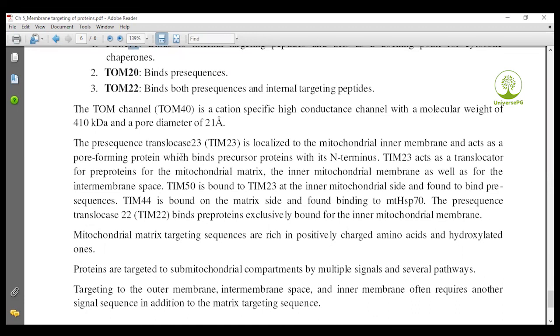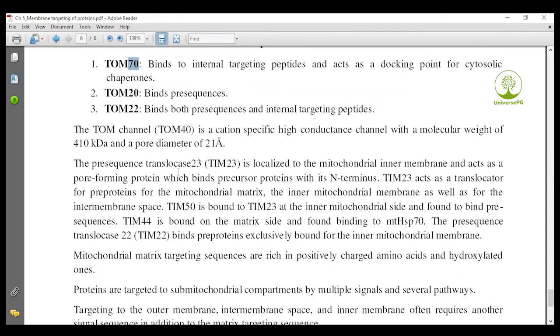The pre-sequence translocase TIM23 is localized to the mitochondrial inner membrane and acts as the pore-forming protein, which binds precursor proteins with its N terminal.